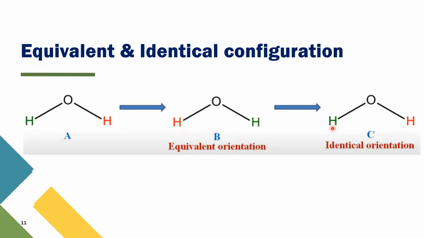And when you rotate it by another 180 degrees, you get the C molecule. Here the hydrogen originally in red color is again in red color, and the other hydrogen is also in the same place. So each nucleus comes back to its original position, and that is called an identical configuration.